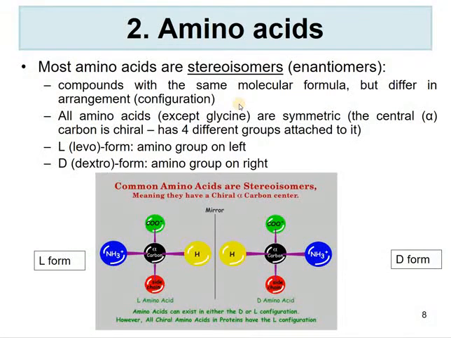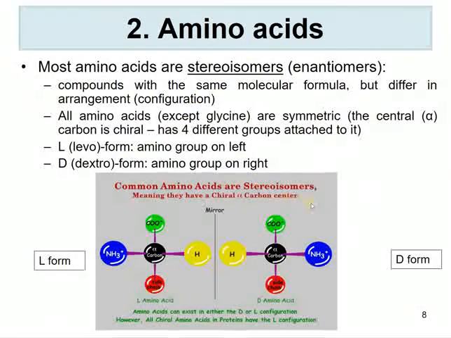Because we have what we call the L and the D form in amino acids. The L form differs from the D because on the L form amino acid, the nitrogen or the amino group is on the left hand side. Meanwhile, on the D form, the amino group is actually on the right hand side. So those two become stereoisomers of each other.